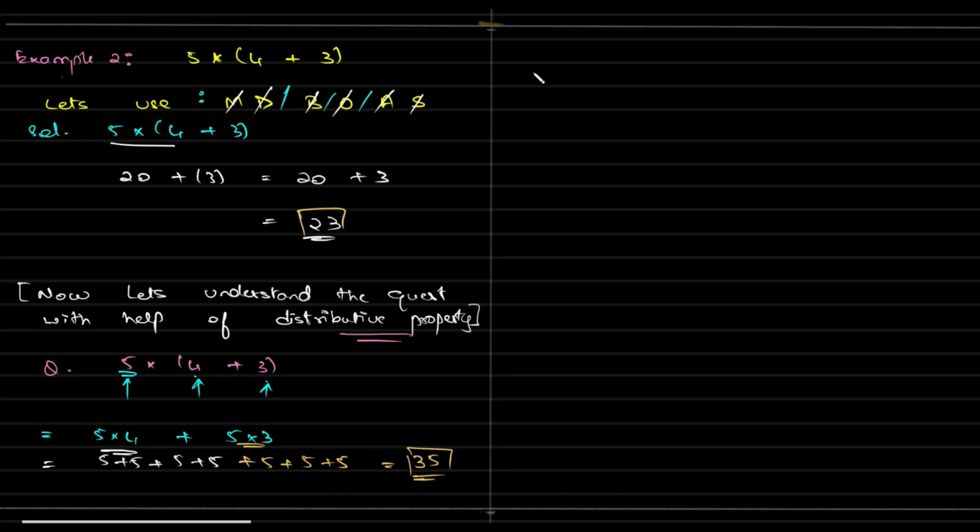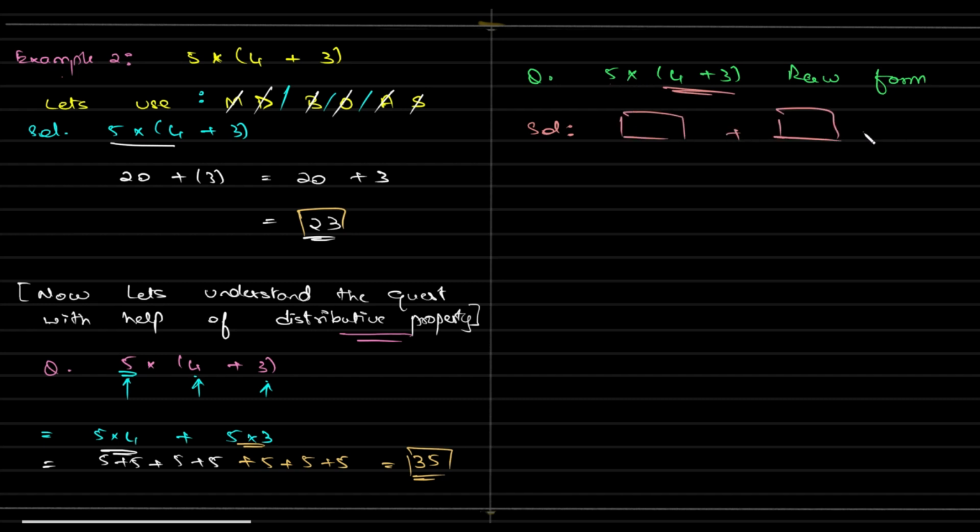Okay. Now let's use the raw form to understand this question. Raw form. So what does the raw form tell? Well, we have to add, right? 5 into something tells I need to add that something 5 times.